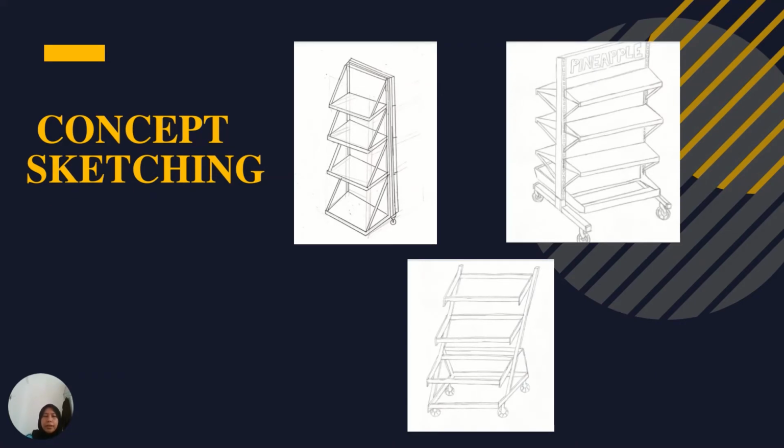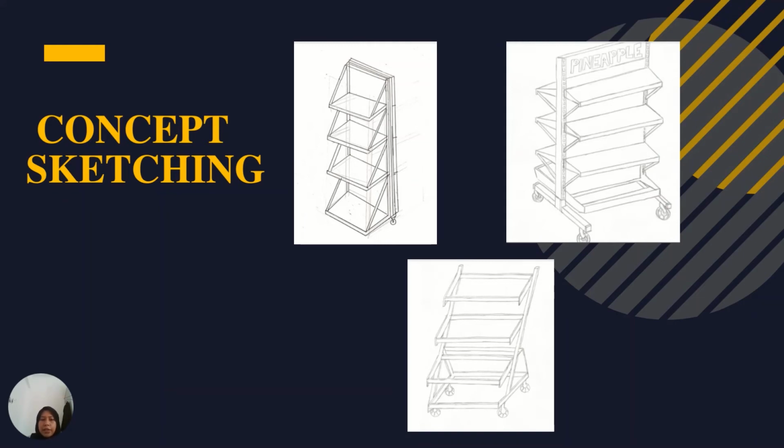Next is our concept sketching. The first one is concept sketching number one. For this one, we added adjustable racks and tires, but it is a little bit smaller than the other sketches, like the units and dimension.